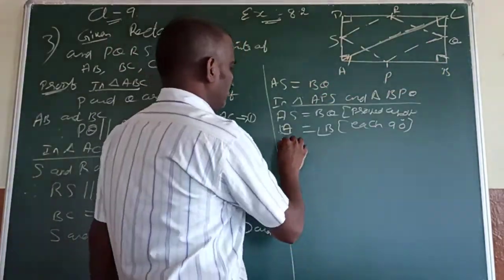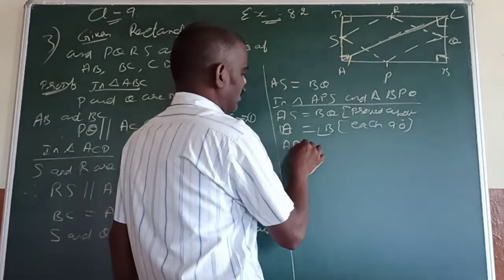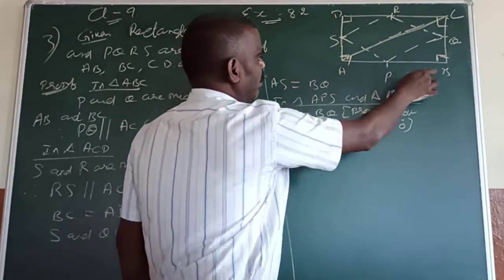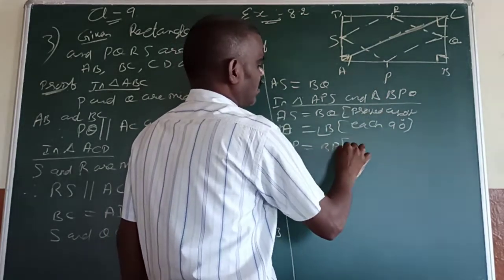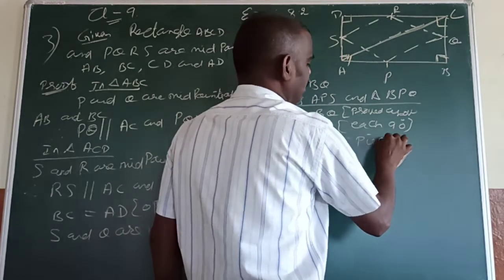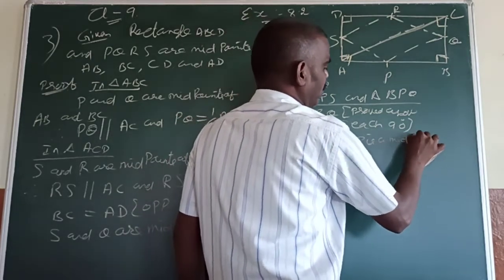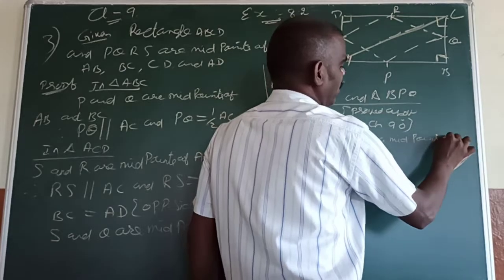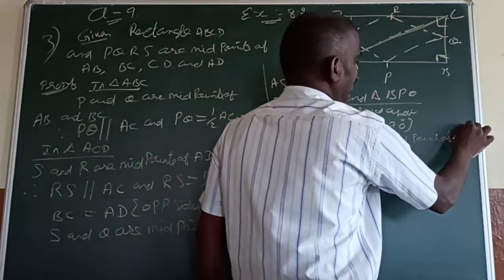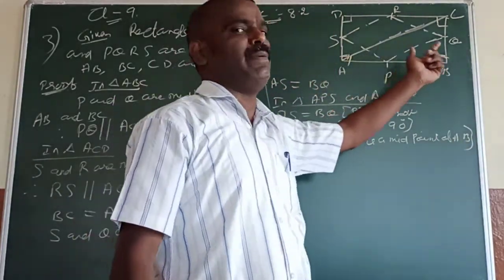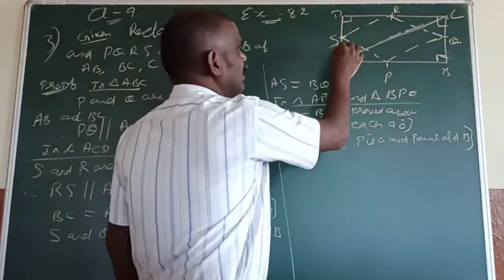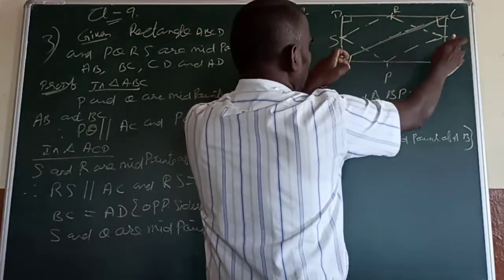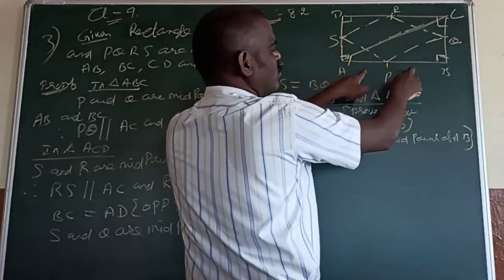Now AP equals BP. Why? P is a midpoint of AB, that means AP and BP will be equal. So these two sides are equal, these two angles are equal, and these two sides are equal.